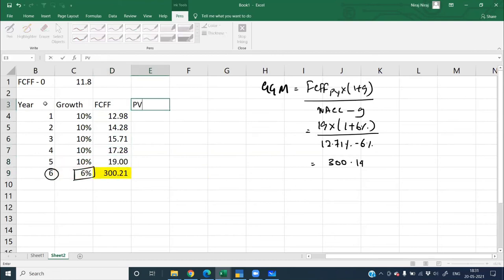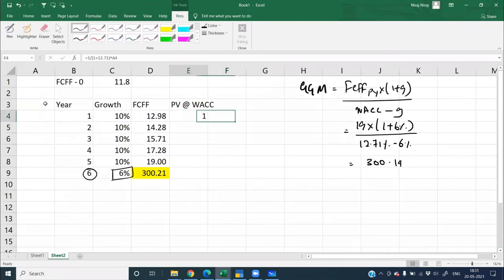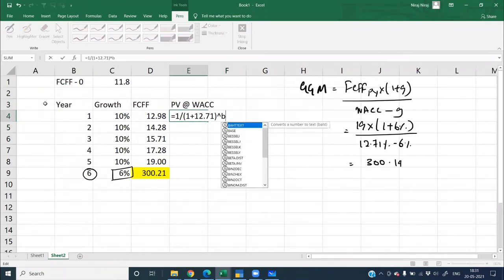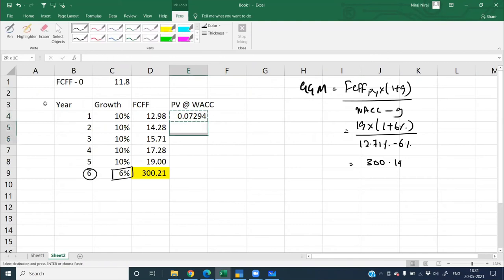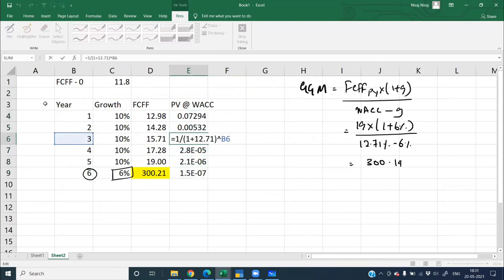Yes, sir. So now I will calculate present value at the rate WACC. So 1 divided by 1 plus 12.71% raised to the power of the year. So now tell me.